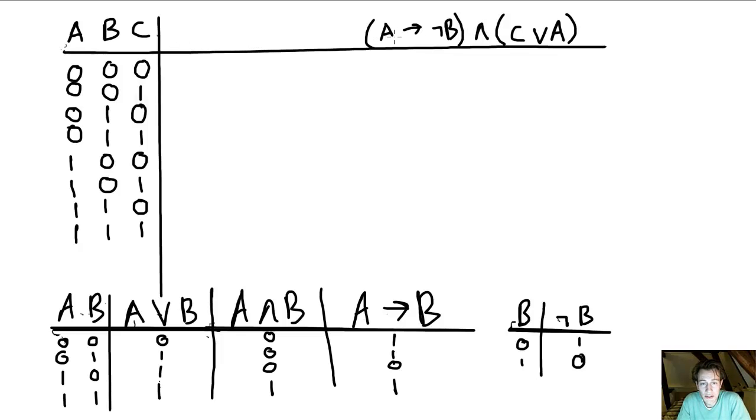So to make it easier, I gave the examples, the previous two truth tables of a normal A and B without any big extra signs with it, and a negated B over here, inverse B. So we're first going to evaluate this part of the function. So we got A, arrow, not B.